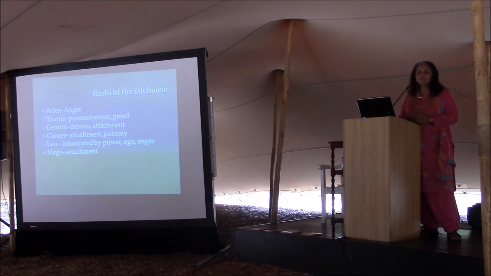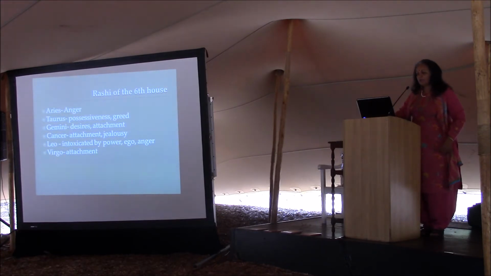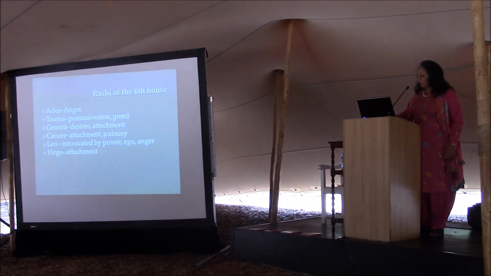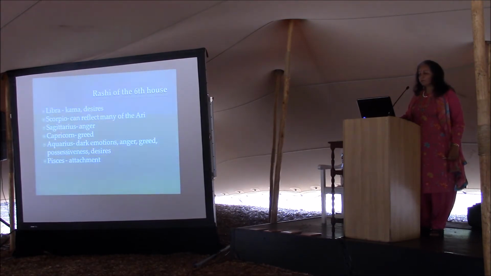So if you have Gemini in the sixth house, then that is one of the issues that you work with. Cancer, again, attachment to emotions, jealousy. Leo is intoxicated by power, ego, anger. Virgo is also attachment. Libra is karma, desires.